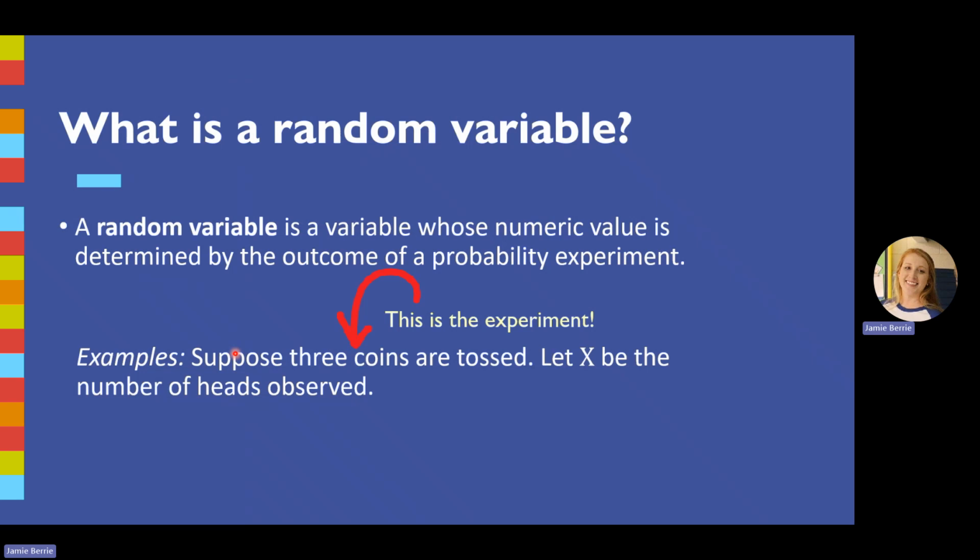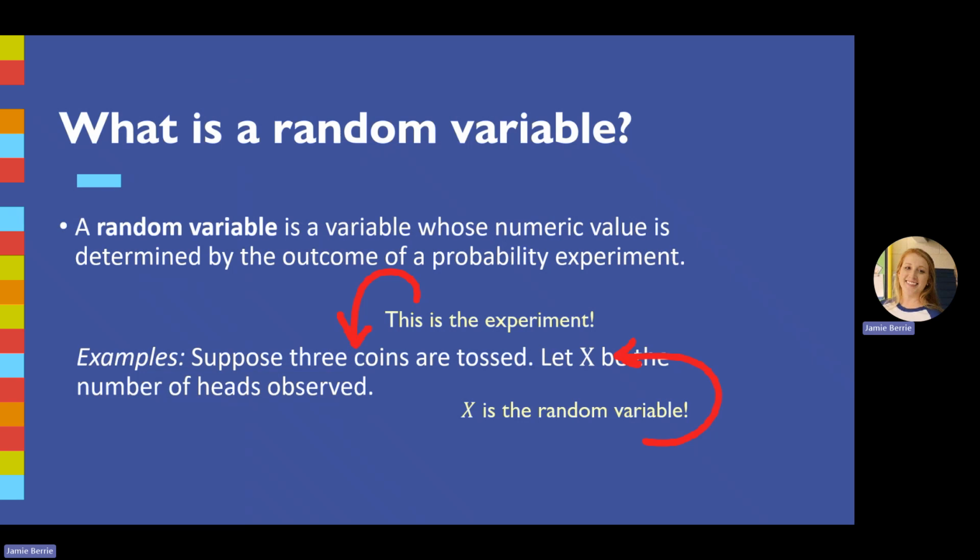And we're saying let X be the number of heads that we observe. So that's going to be the random variable. Right, so X is the random variable here. So we had to define the experiment. A random variable is totally based on an experiment. So we had to define the experiment first, and then we can tell you what the variable is that we're interested in observing.